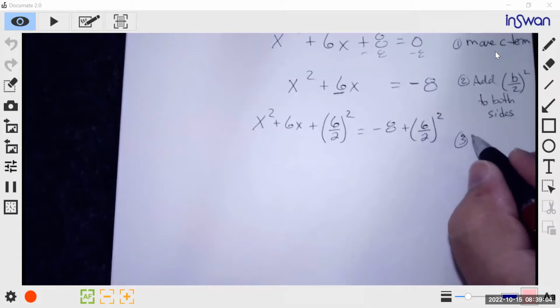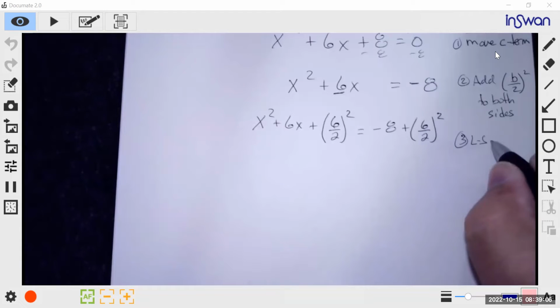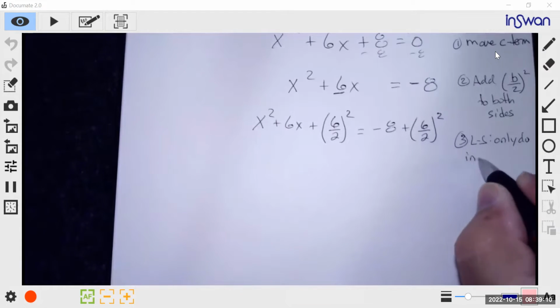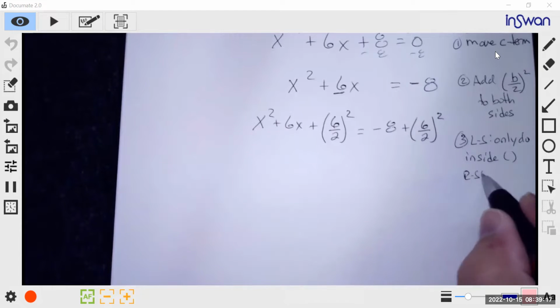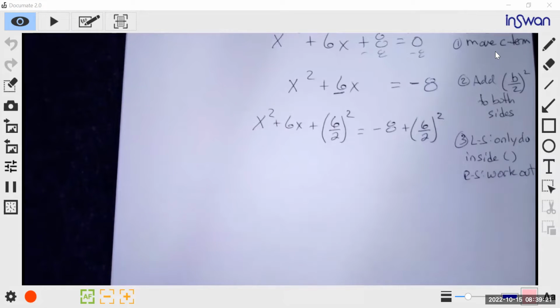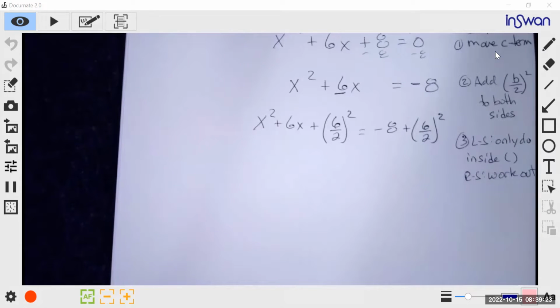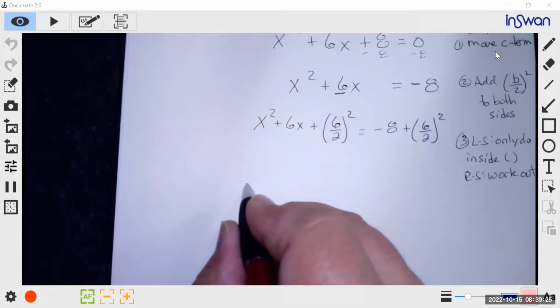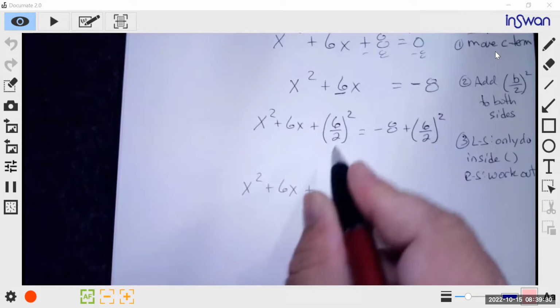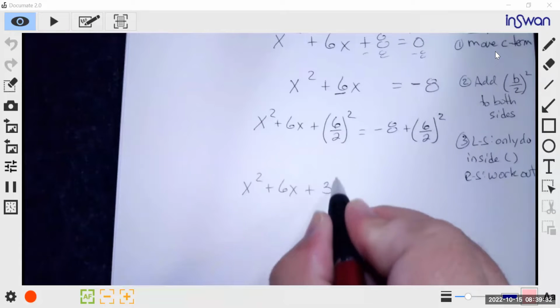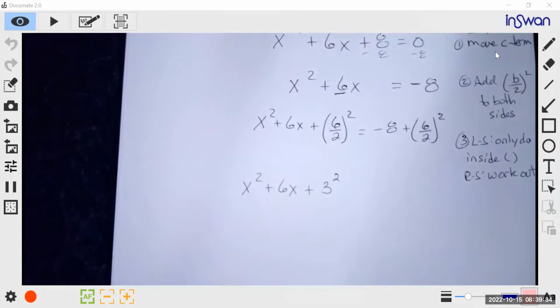Third step. Left side, only do inside the parentheses. The right side, work it out totally. So inside the parentheses, 6 divided by 2 is 3 squared.